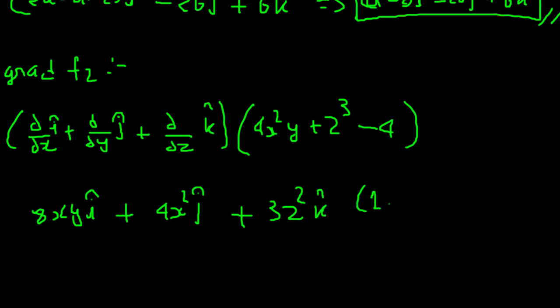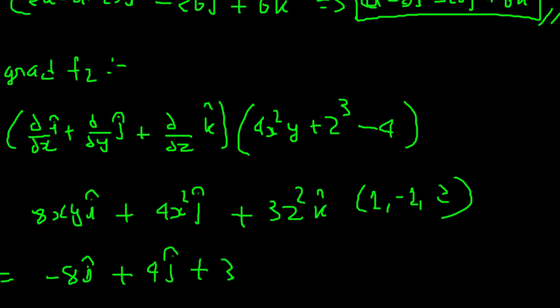Also in the question the point is given as 1, minus 1 and 2, so we put those values, and it will be minus 8 i cap plus 4 j cap plus 3 into 2 square, which is 12, k cap. Okay, now let's see.